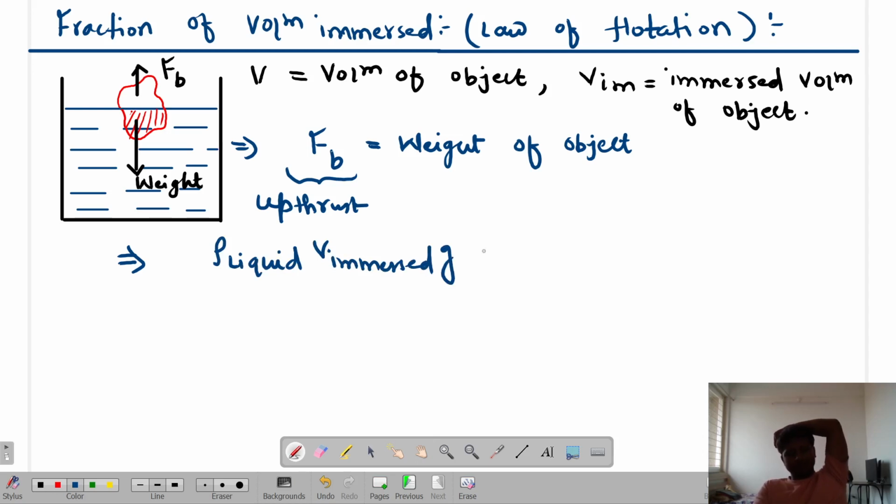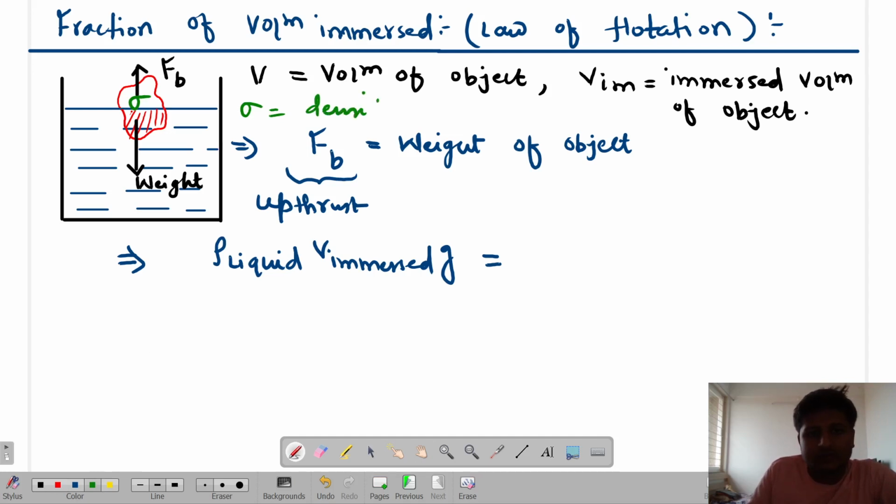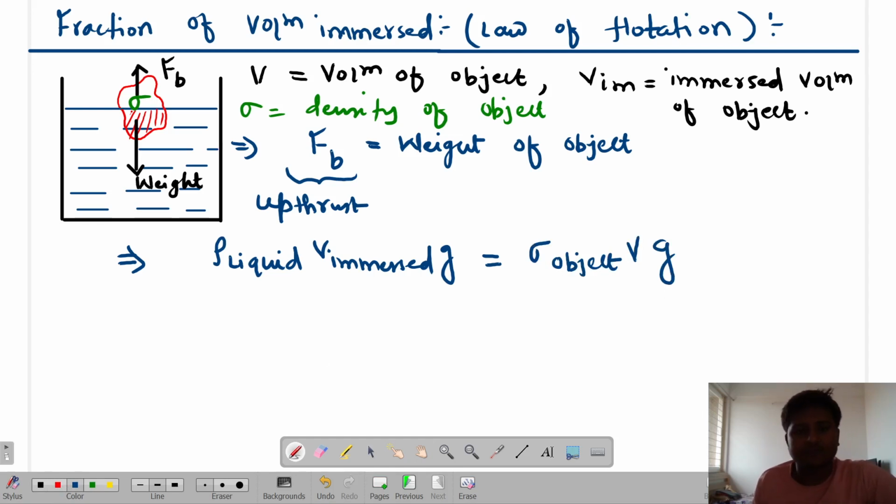into gravity g, and that is exactly equal to, try to understand, if let's suppose the object has density sigma, sigma is the density of object, then weight is equal to mg, so mg can be written as sigma, density of object, into total volume into gravity g.